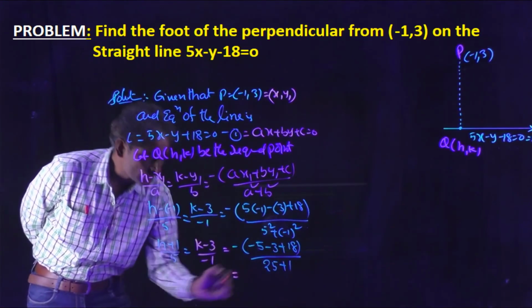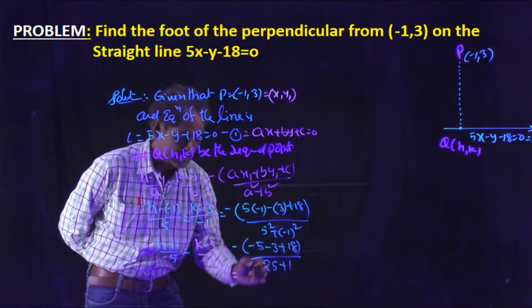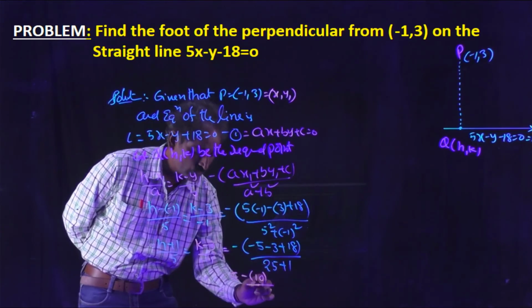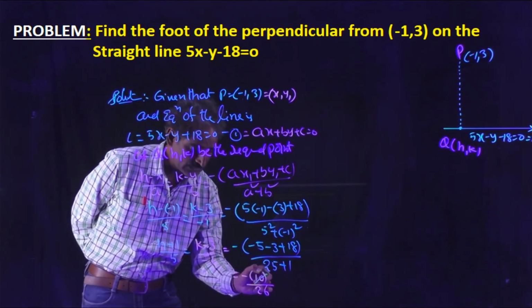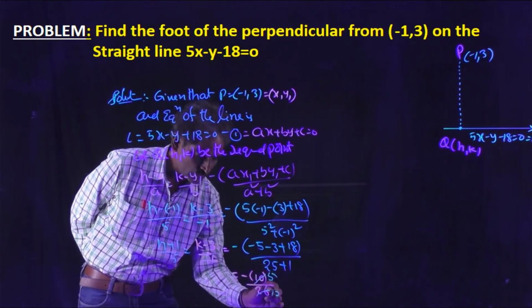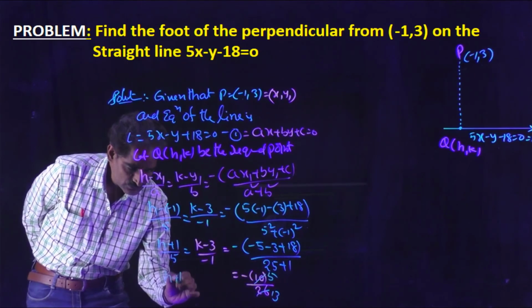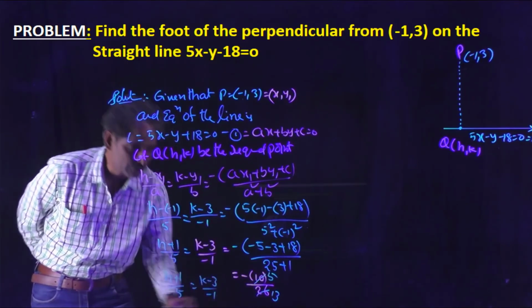This is equal to -(10)/26. Here we can cancel, 2 fives are 10 and 2 thirteens are 26. That is, (h + 1)/5 = (k - 3)/(-1).